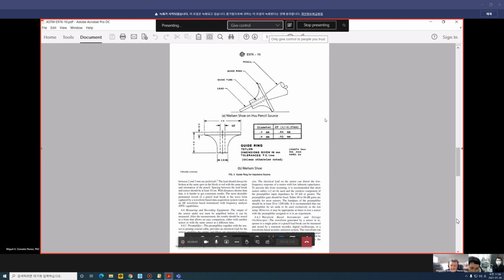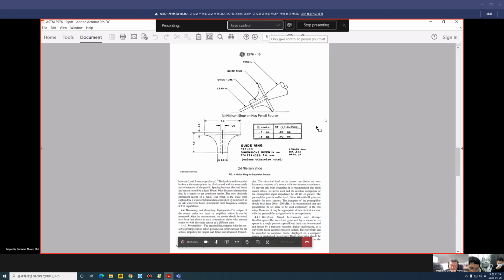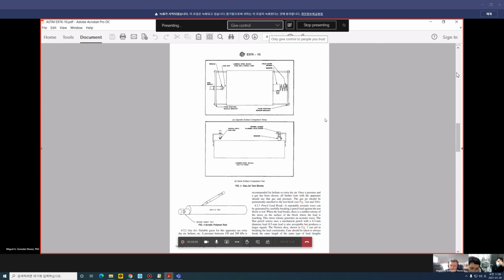You see? And then what you plot is the attenuation of the signal, or the amplitude, as you are moving away from the sensor. Usually what we do is mark several distances here.